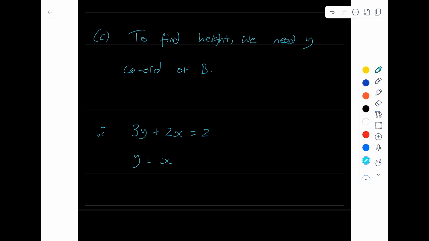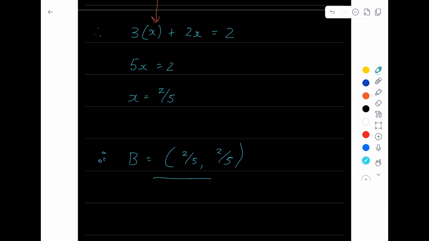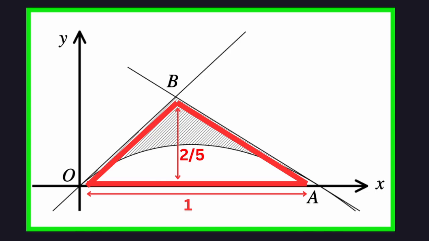And so we can simply say from here that 3x plus 2x equals 2, which means therefore that x equals 2/5. So b naturally is going to equal x equals 2/5, y equals 2/5, which means our height in the triangle problem is 2/5 units.